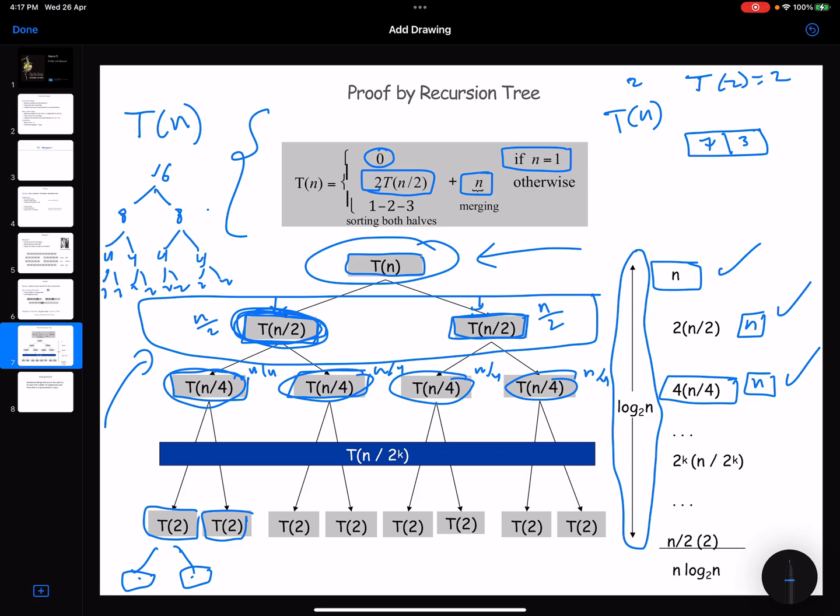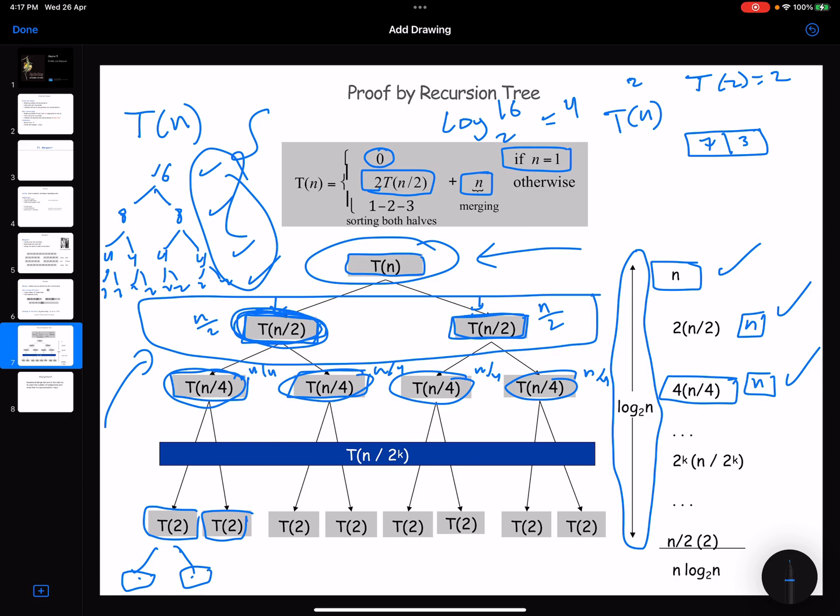How many levels do we have? 1, 2, 3, 4. So we have 4 levels. But this is exactly like log 16 to the base 2. It's 4, right? Because 2 to the power of 4 is 16.